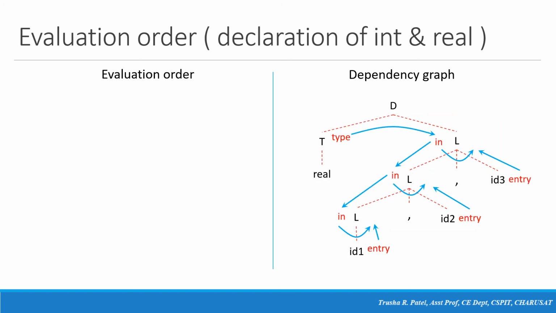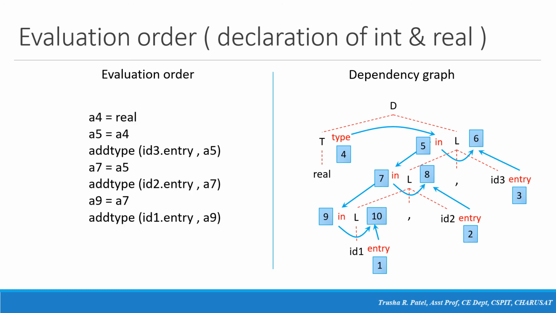Now let us find the evaluation order for the declaration statement for the same dependency graph which we constructed. So this is the sequence we have to follow. First, real will be assigned to A4, then A4 will be transferred to A5, then the entry of identifier 3 will be updated with the value of A5.